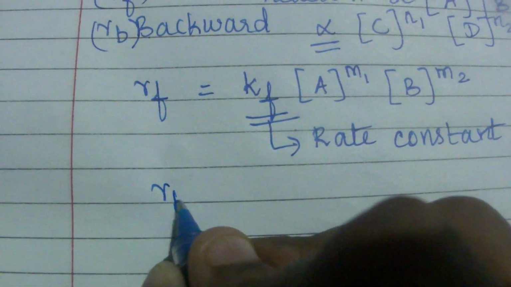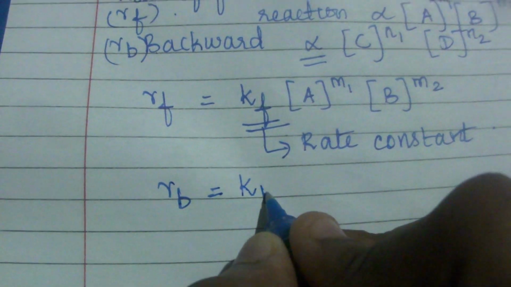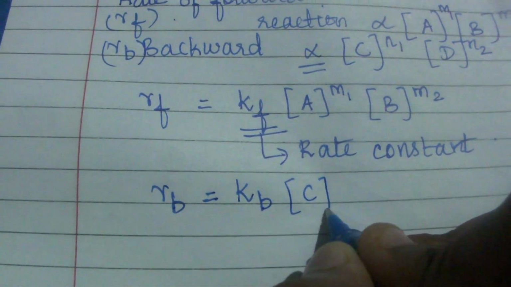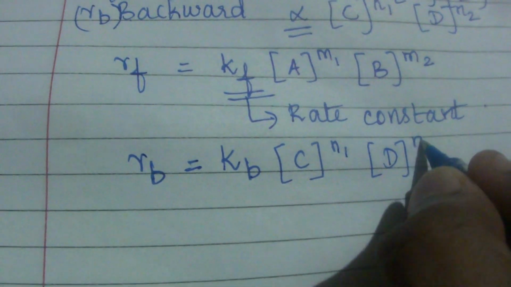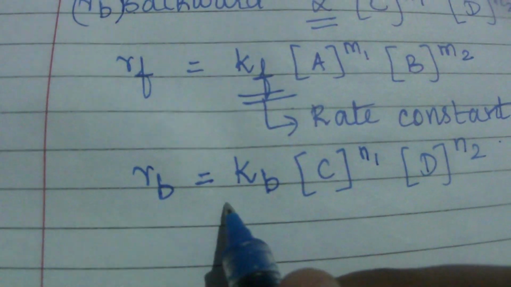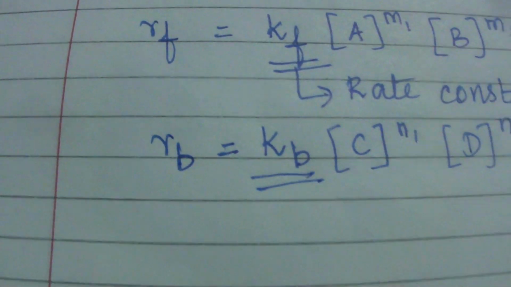And for RB we can write KB into [C] power n1 into [D] power n2. Here KB is the rate constant for the backward reaction.